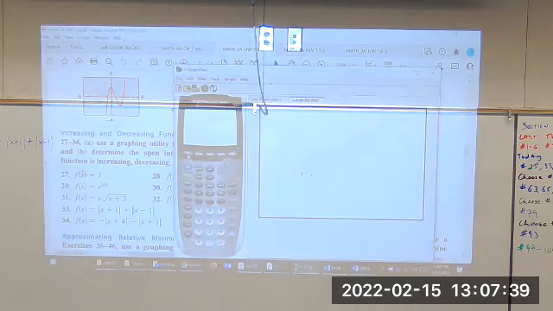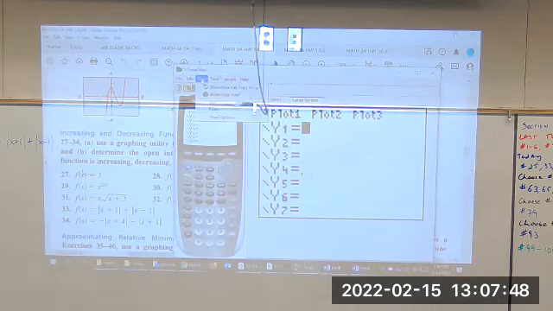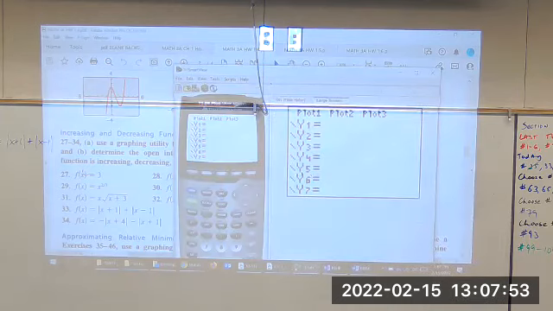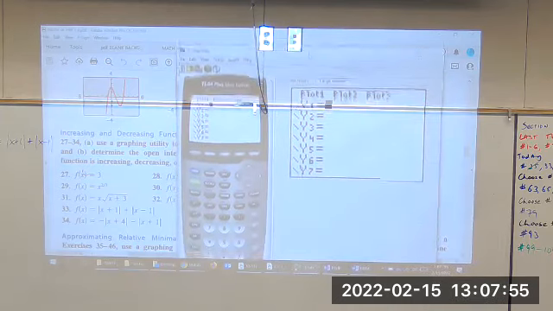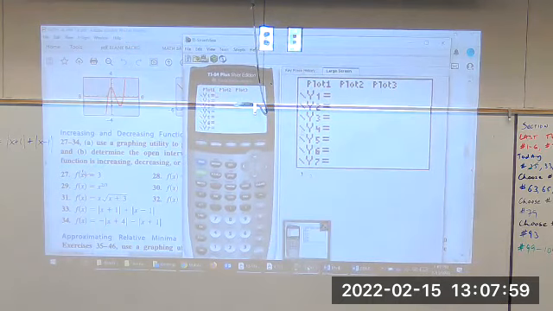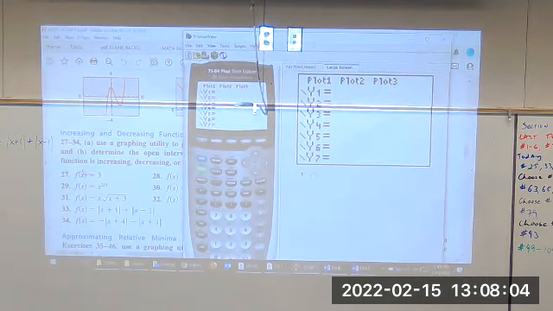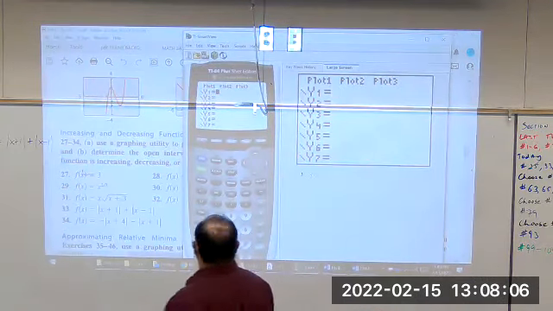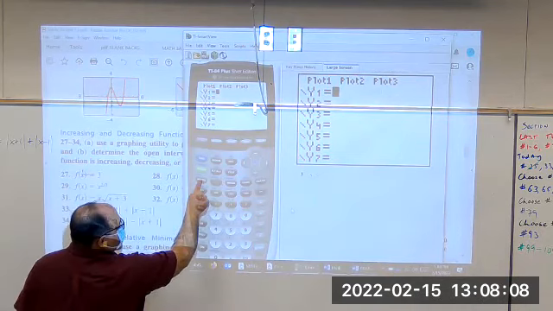Go to my equations, y equals the absolute value function. The absolute value button is here on the 84 under the math button.